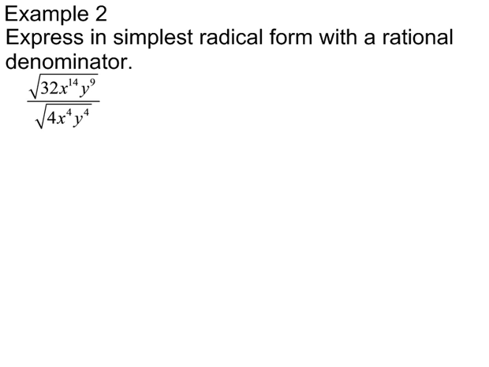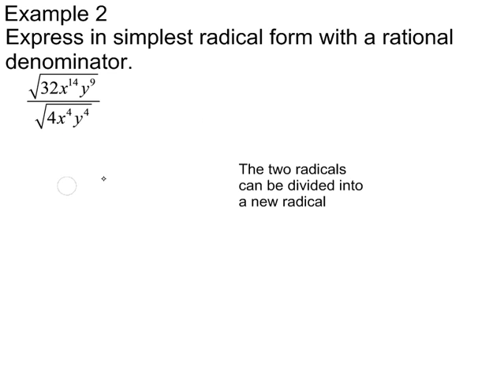So it says express in simplest radical form with a rational denominator. So first, we know that the two radicals here can be divided into a new radical. So we're using that division rule we looked at in the beginning of the video.